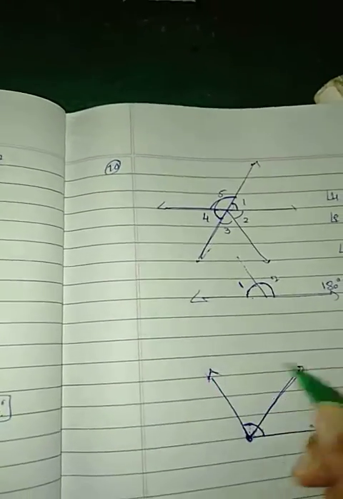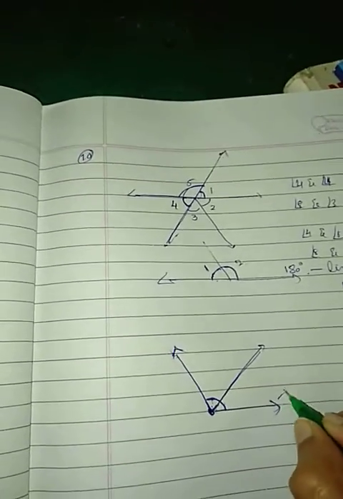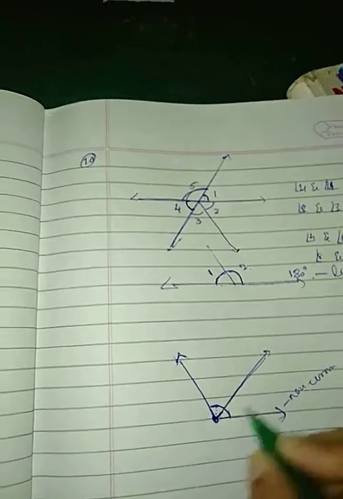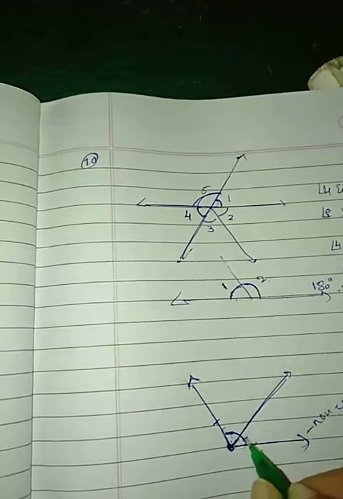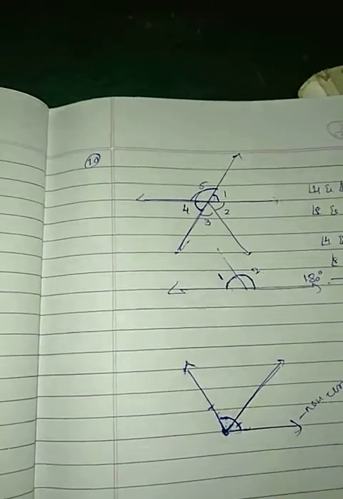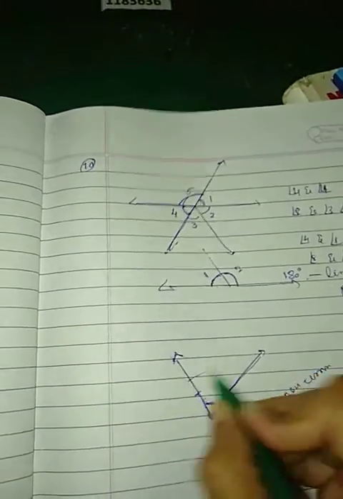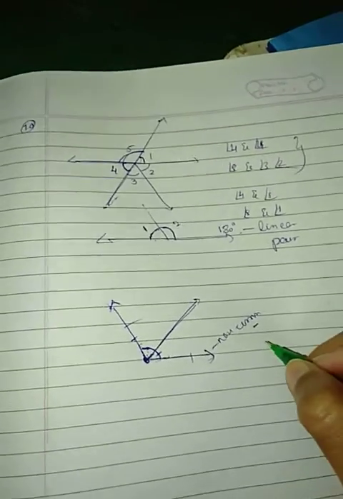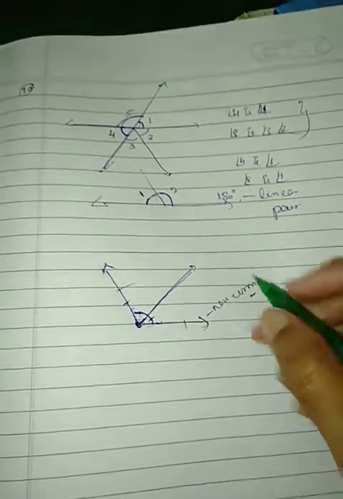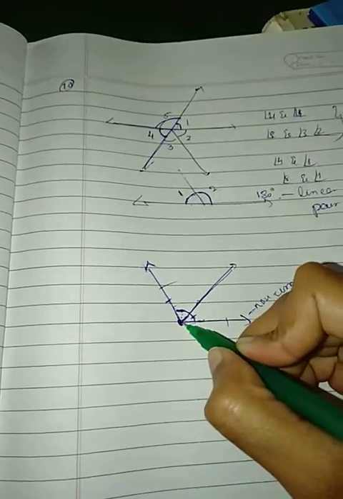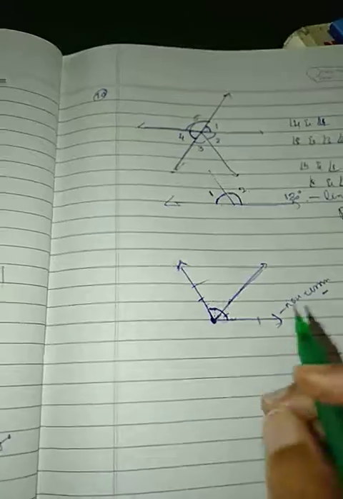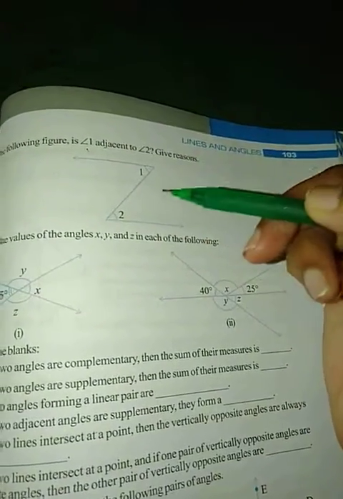This is called non-common arms. Arms means sides. This is the common arm to both angles. This is the common vertex. Common vertex means point. But here, see the figure, they don't have a common vertex. So these angles are not adjacent.